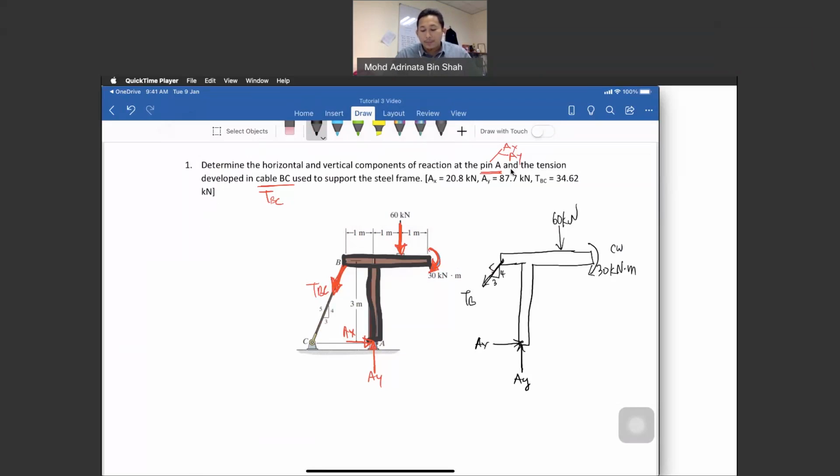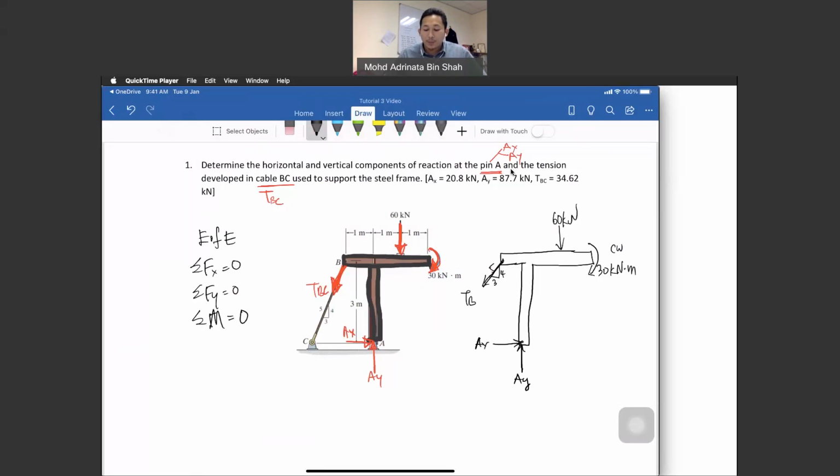Okay, now we need to solve our equation because our body is in equilibrium. So the equation of equilibrium is sigma Fx equals to 0, Fy equals to 0, and moment equals to 0. Okay.